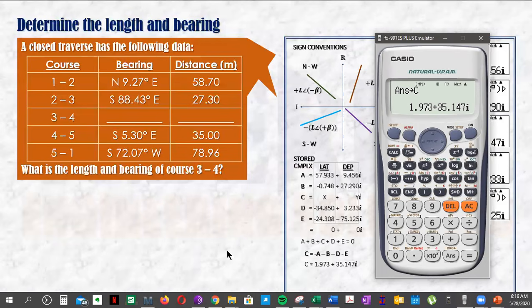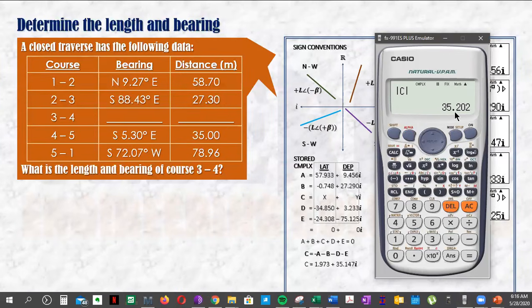So they are the legs of the right triangle, of which the hypotenuse is called the absolute value or the magnitude. So abs of C will give me for sure the length, 35.